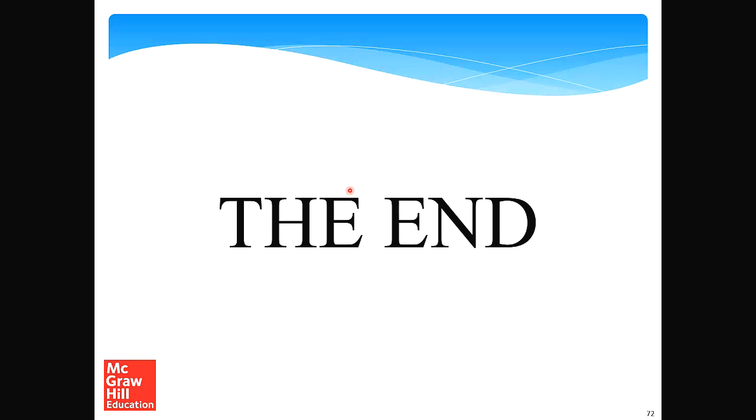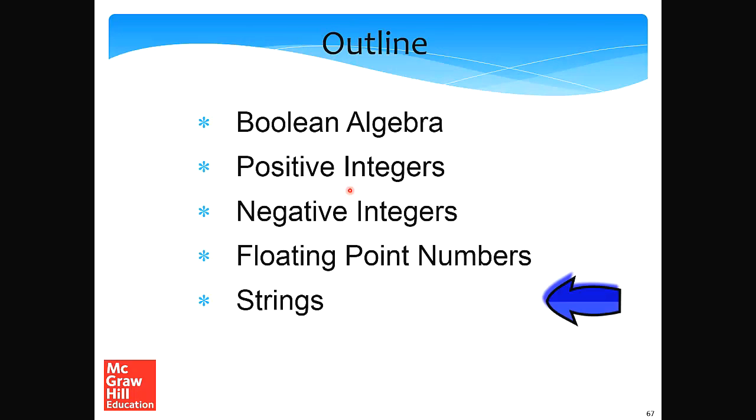Alright, so this brings us to the end of chapter 2. So what have we achieved in chapter 2? Let's go back to the outline slide. In the outline slide, we have basically shown what is possible to do with a set of bits. So we can work on them, we can define an algebra, and we can have basic operations.